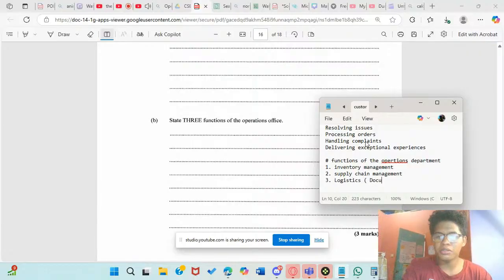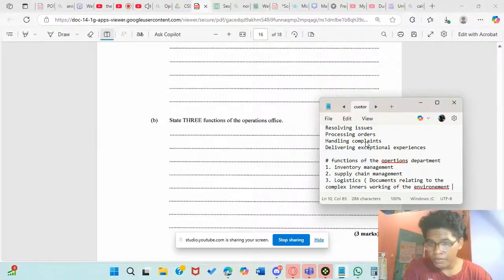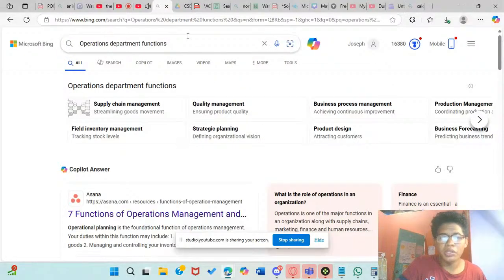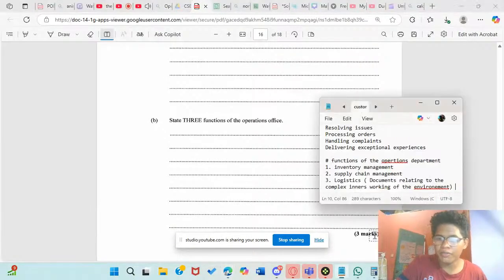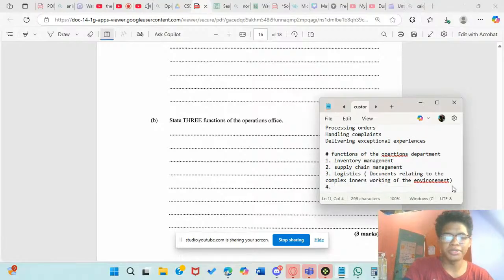Logistics is documents relating to the complex inner workings of the environment. So they have a lot of responsibilities, including quality management and strategic planning. Just put that up so you could take note of that. Just put up one more, quality management.